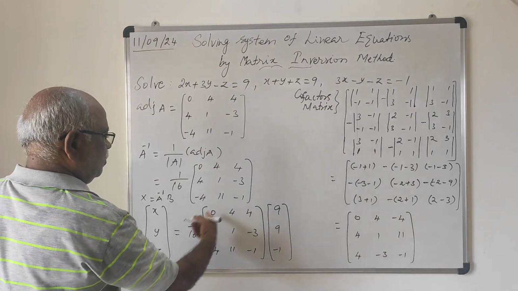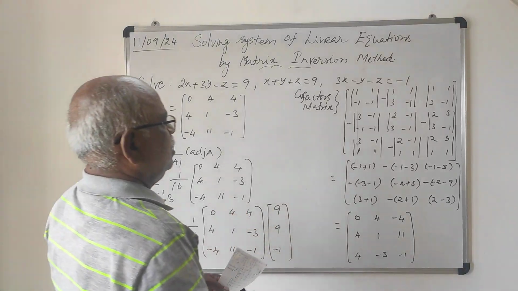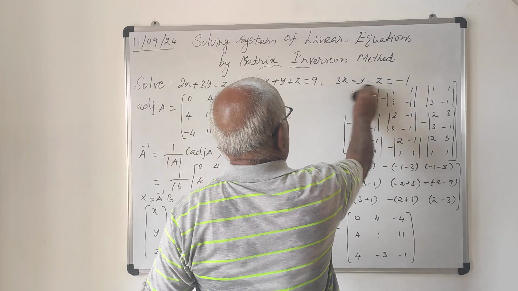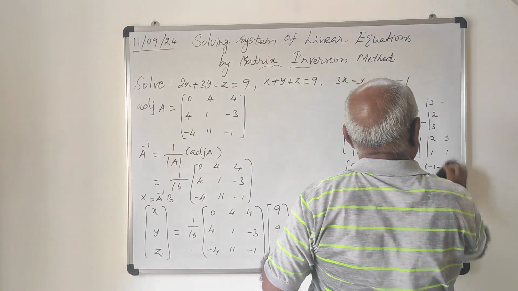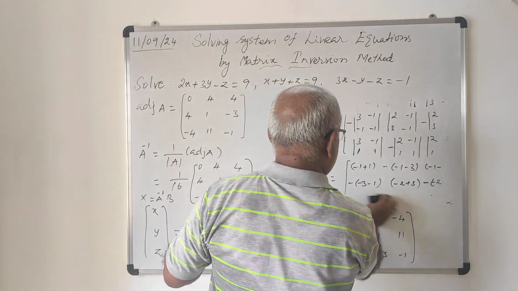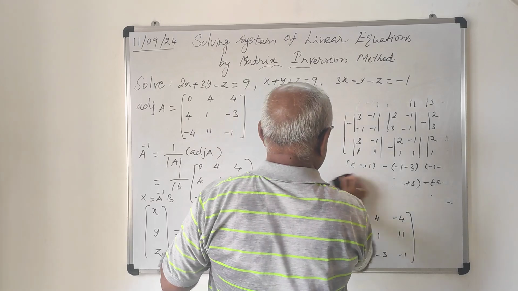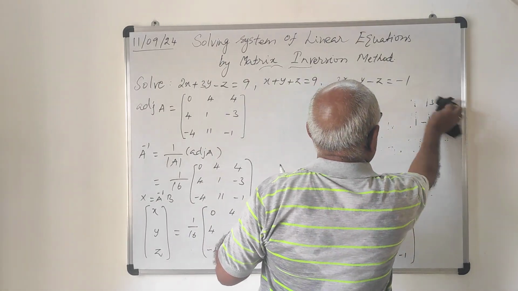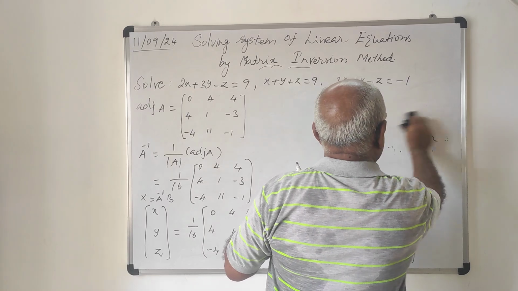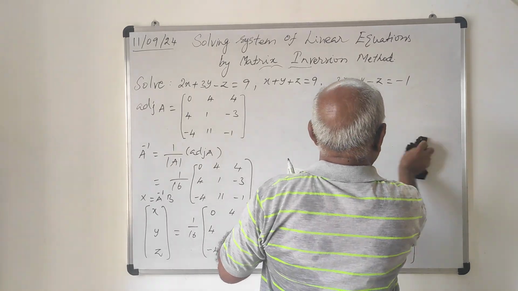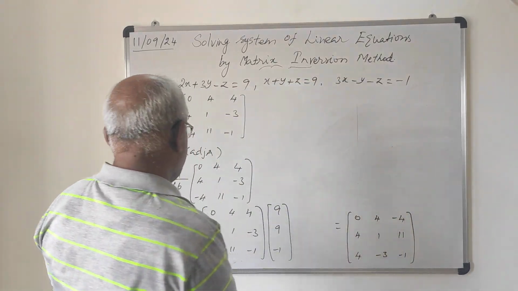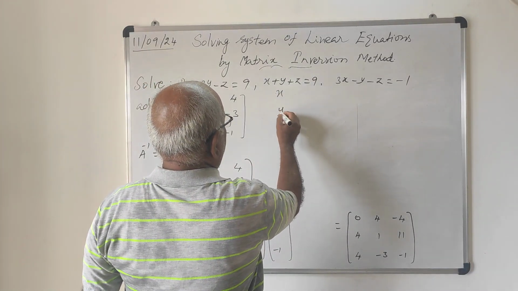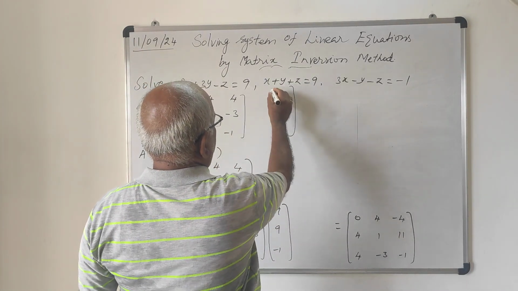Now you multiply these two matrices on the right hand side. You will compare with the left hand side X matrix. You will get the solution for the unknowns X, Y, Z. Okay. Now, X, Y, Z on the left hand side, column matrix.